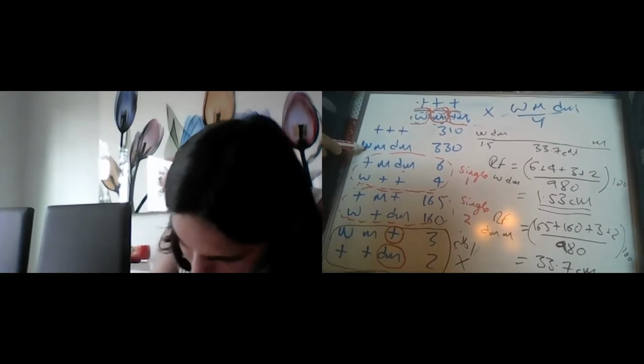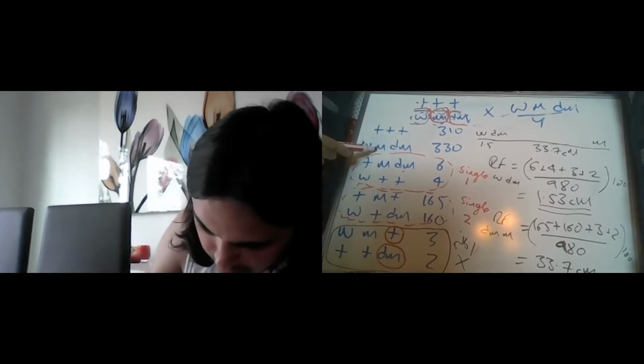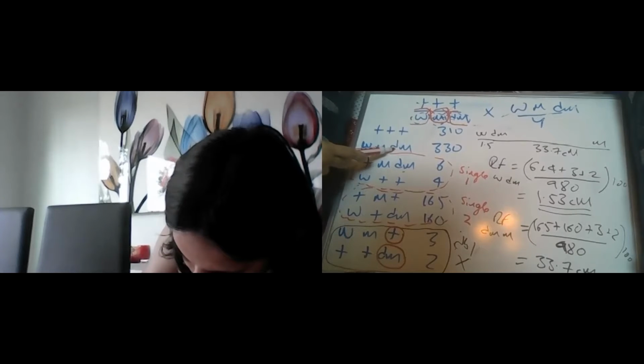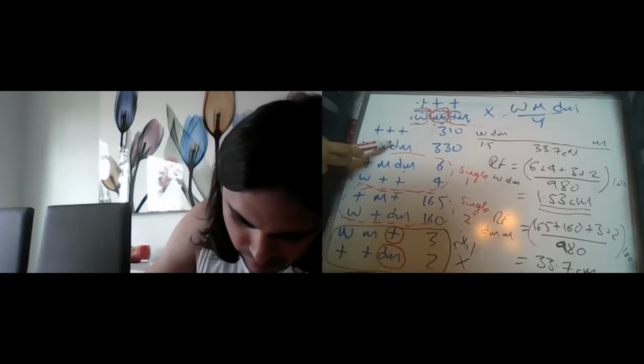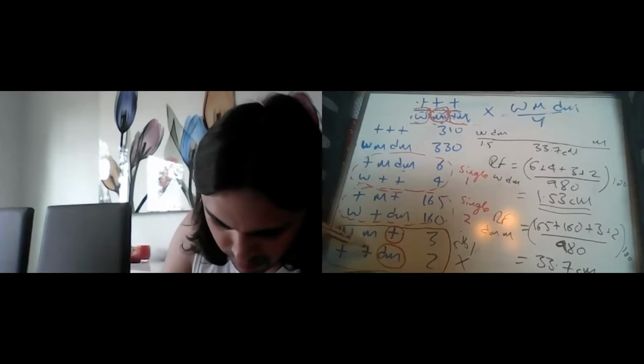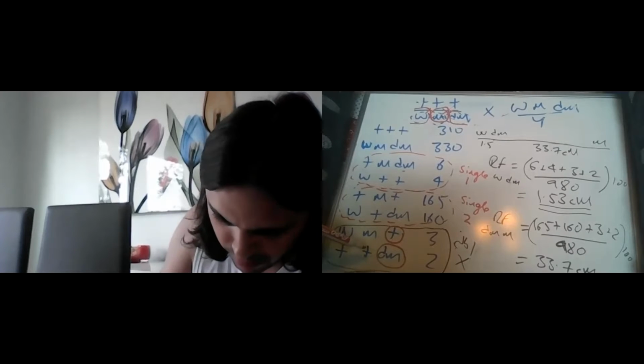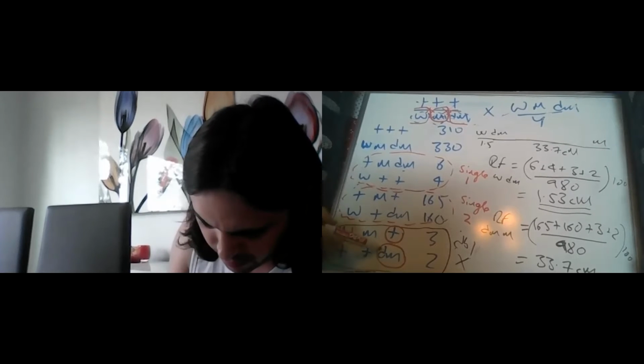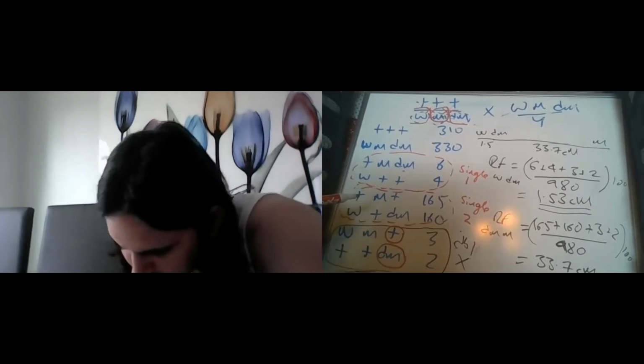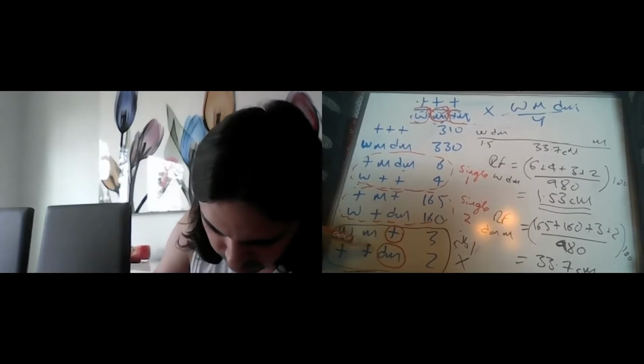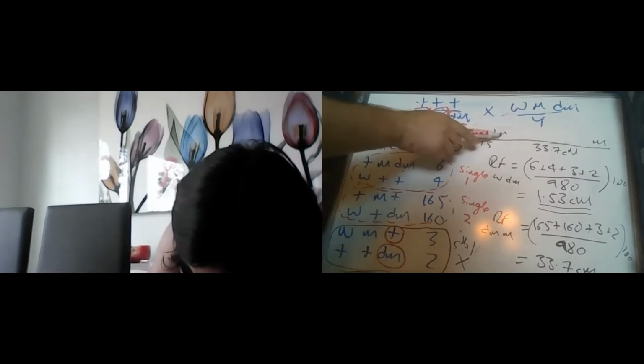If the one that moves is W, W's in the middle. If the one that moves is M, M is in the middle. If the one that moves is DM, DM is in the middle. Now we go down here and look at our double crossovers and we find out it's DM that has moved. So DM has to be in the middle.